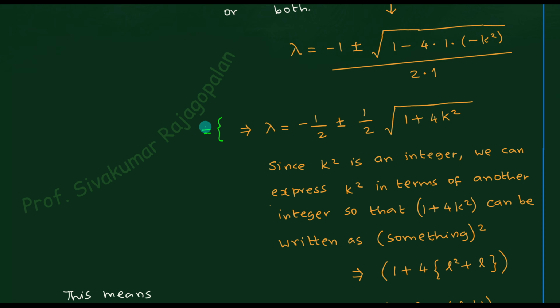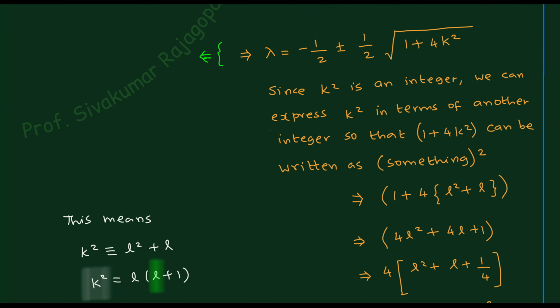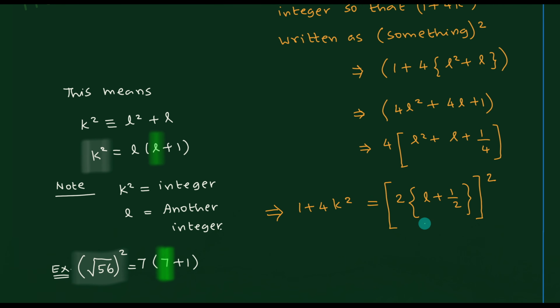Let us simplify this quadratic formula. We have lambda equal to minus half, plus minus 1 by 2 into that entire expression. You remember, 2 times L plus half, right?